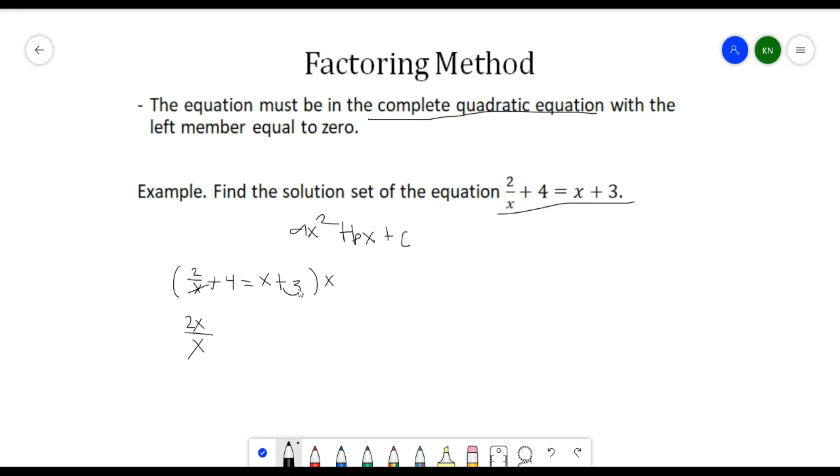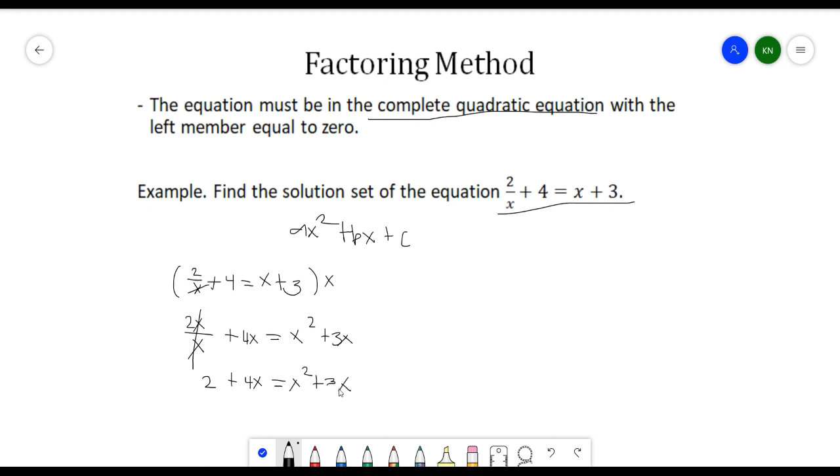Then 4 times x is 4x, which is equivalent to x times x, that is x squared, and 3 times x is 3x. So we now have 2 plus 4x is equivalent to x squared plus 3x.